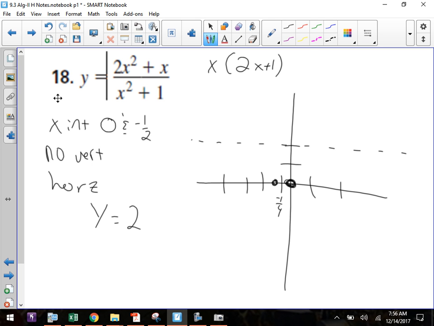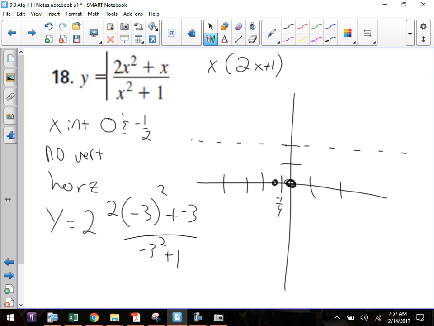Does that make sense? So if I choose some values here, if I use -3, -2, -1, well, let's start with -3. -3 squared times 2 plus -3 over -3 squared plus 1. Well, that's 9, 18, 15. 15 over 10. So that's 1.5. So here's here.